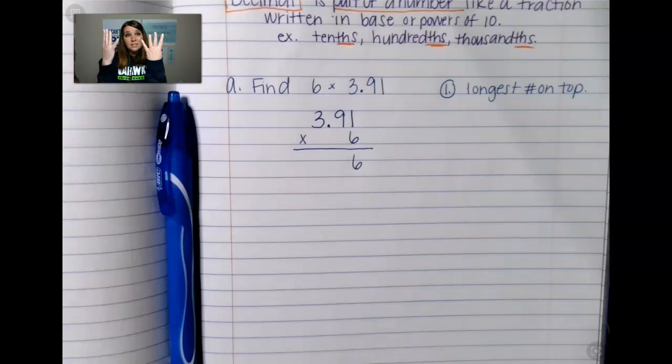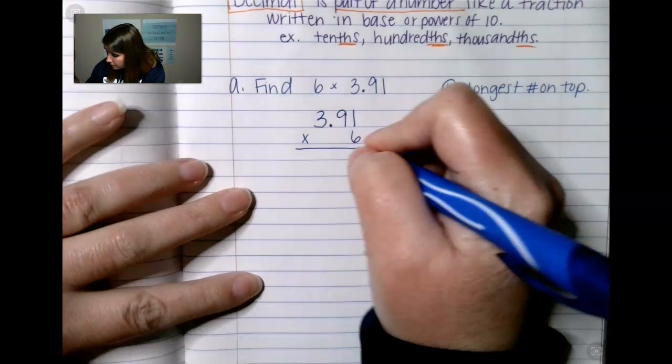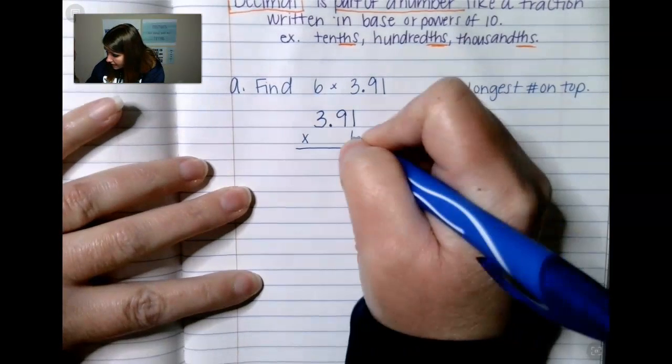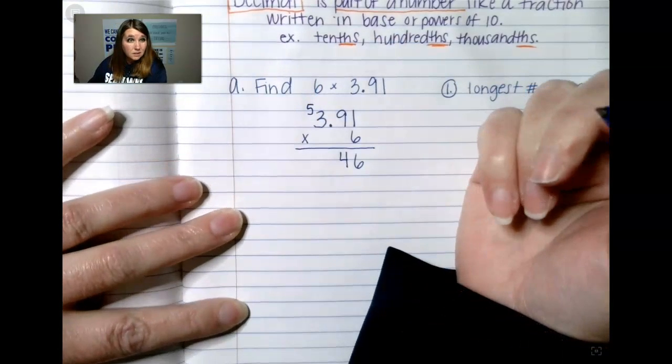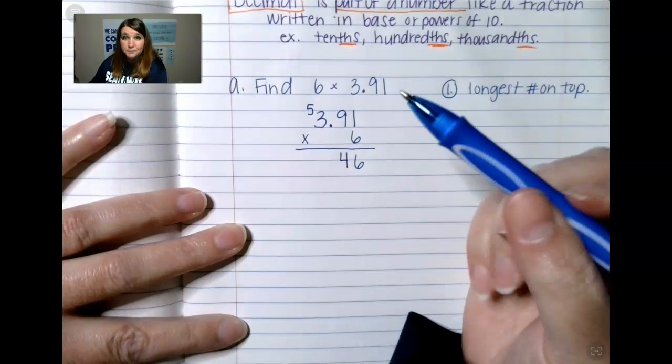I now have an answer of 54. That is 6 times 9. This is the 9s trick. So I put the 4 here, and I carry my 5, groups of 10, over here.